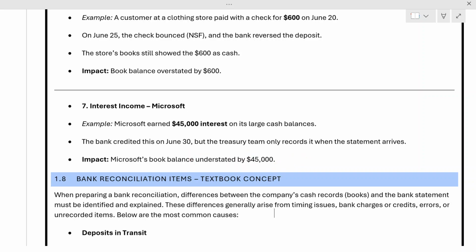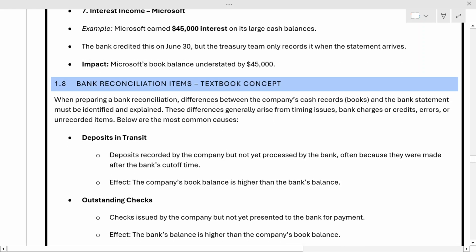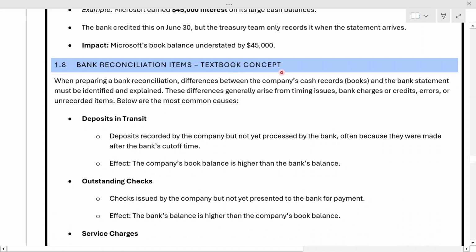So let's go through those examples that we have seen in the textbook. The textbook examples are more or less similar, so let me just quickly go through them. The first case may be deposit in transit, which is deposits recorded by the company but not yet processed by the bank. So the bank is not showing those deposits, often because they were made after the bank's cutoff time. What will happen?